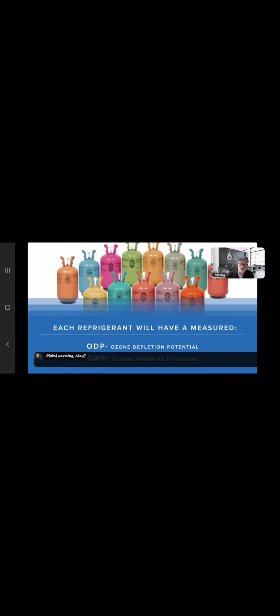Basically, what it comes down to is a high GWP refrigerant, or I should say a chlorine-free refrigerant, is not as efficient in the systems that we operate. So we need more energy to power our refrigeration systems with these types of refrigerants, and that's where the greenhouse gases come from.